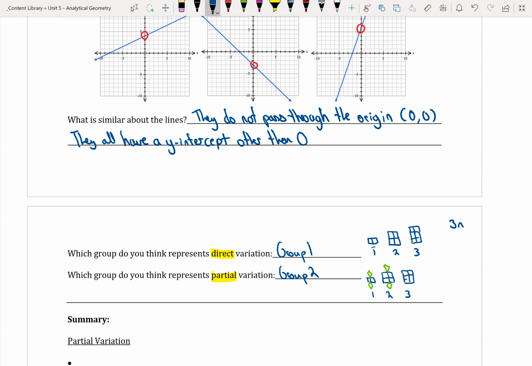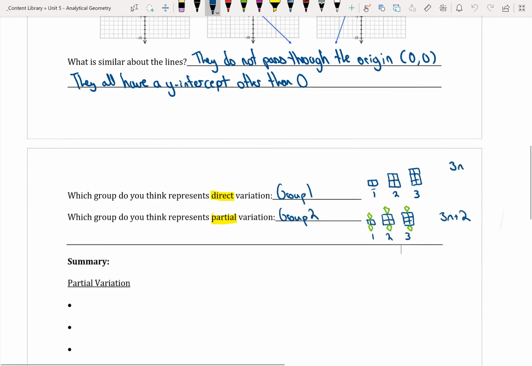And term 3, I still have my 6 squares, but I have my 2 green squares there as well. So there is still that relationship where the term number is multiplied to help me get my blue squares, but I still have to add on those 2 green squares, or those 2 constant squares. So the pattern would look like 3n + 2. There's still that relationship between the term and the number of squares, but then we have to add something extra on.